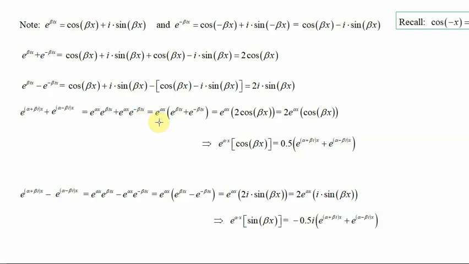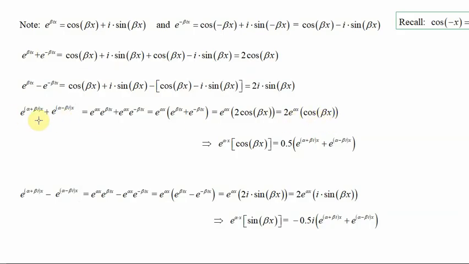Common factor is e to the alpha x times e to the beta ix plus e to the negative beta ix. But this expression here, we'll replace with 2 cosine beta x. So we end up with 2e to the alpha x cosine beta x.